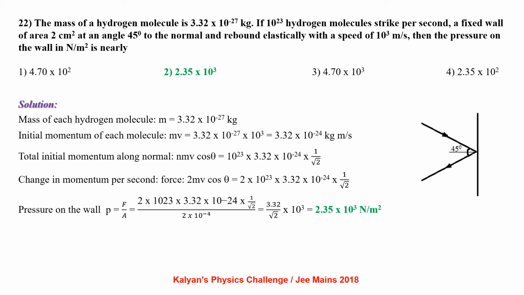Change in momentum per second is force, 2mv cos theta, that is 2 into 10 power 23 into 3.32 into 10 power minus 24 into 1 by root 2. Pressure acting on the wall P equal to force by area, which comes out to be 2.35 into 10 power 3 Newton per meter square.